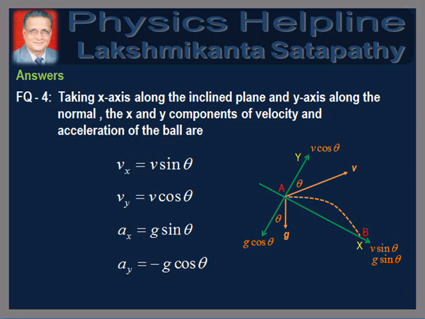Therefore, from the figure, we can easily determine that the x component of velocity is equal to v sin theta, the y component of velocity is equal to v cos theta, the x component of acceleration is equal to g sin theta, and the y component of acceleration is equal to minus g cos theta. The negative sign indicates that acceleration normal to the plane acts in a direction into the inclined plane.